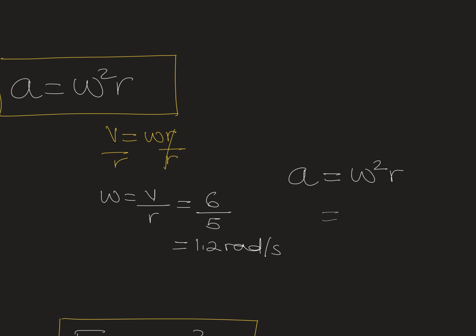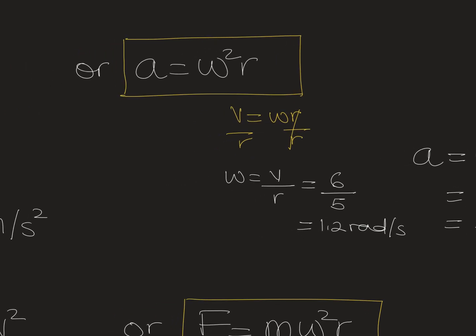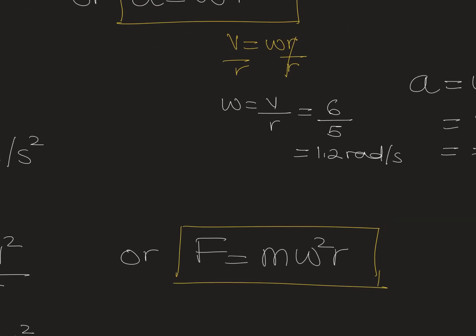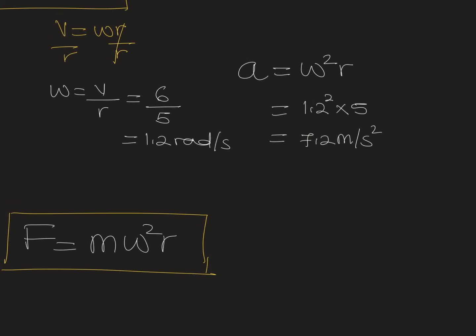The angular velocity is 1.2, squared, times the radius 5 meters. So 1.2 squared times 5 is 7.2 meters per second squared. And that is the answer for centripetal acceleration.